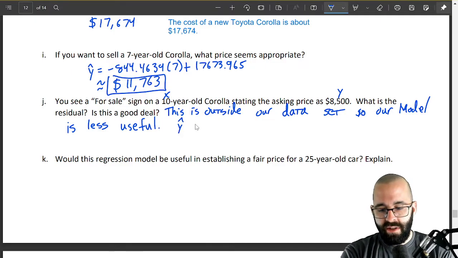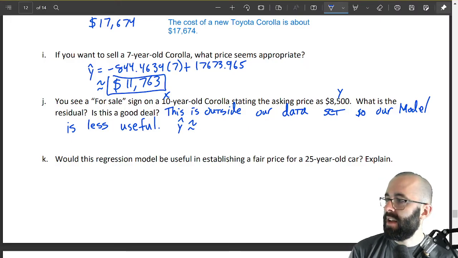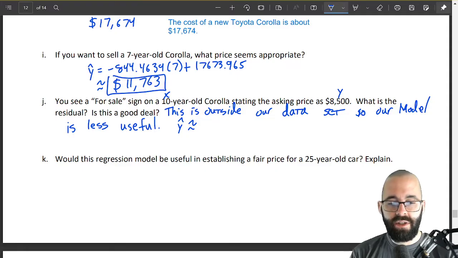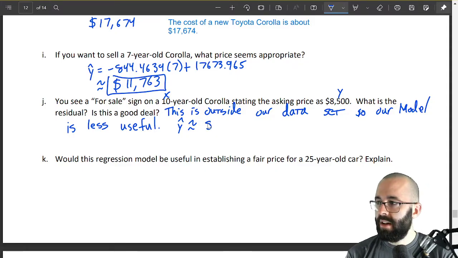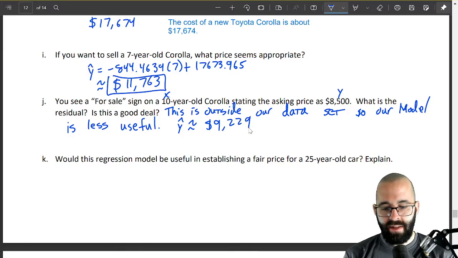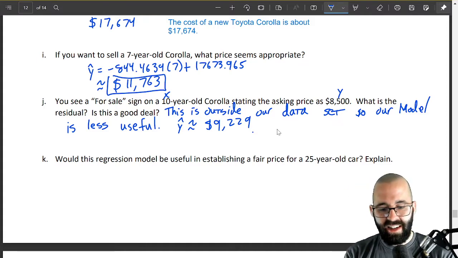Our prediction here, just change the 7 in the last example to 10 and see what our prediction should be. Our prediction is that it's $9,229. So yeah, maybe it's a good deal. It's hard to predict, so I'll say maybe. Consult more resources.